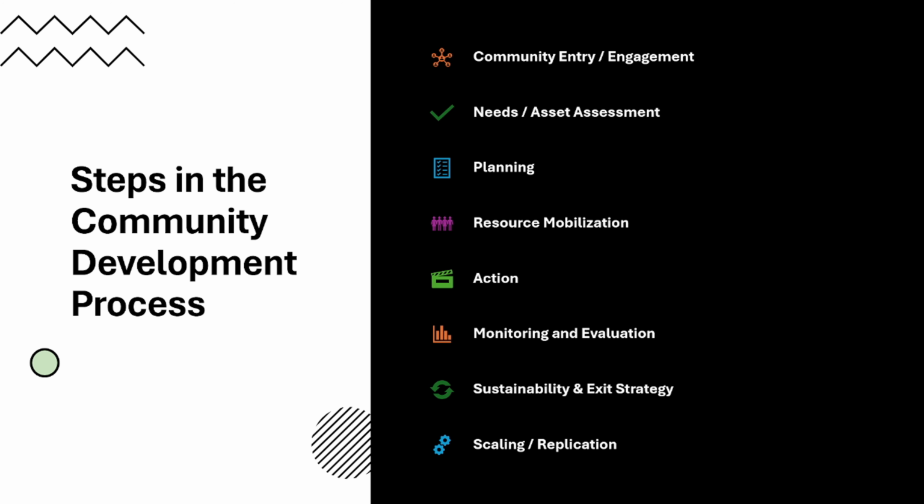So the first step here is community entry or engagement. The first step is entering the community with respect and humility, and this means taking time to build trust, listen, and learn about the local context, its history, its culture, challenges, and dynamics. Rushing in with assumptions or pre-made solutions often leads to resistance or failure.